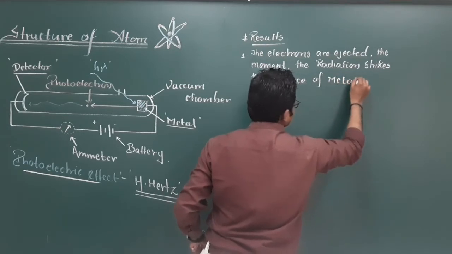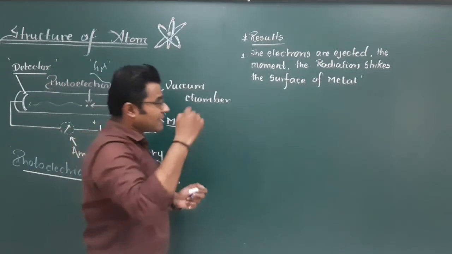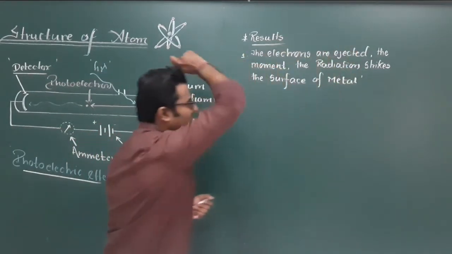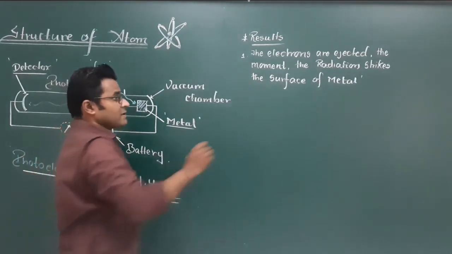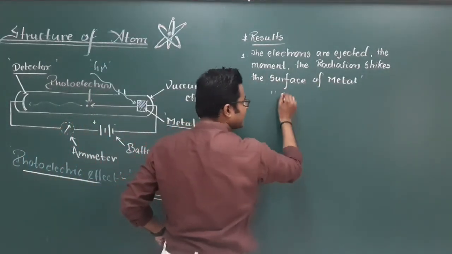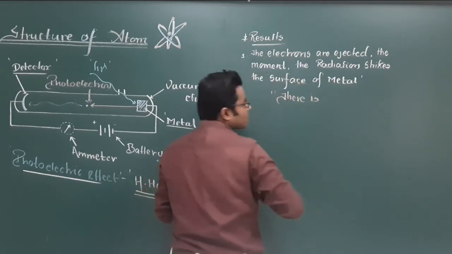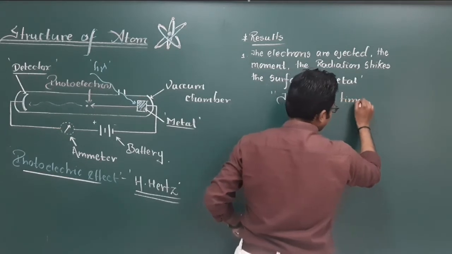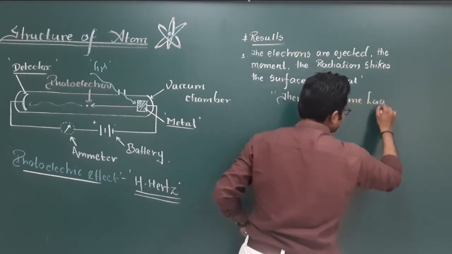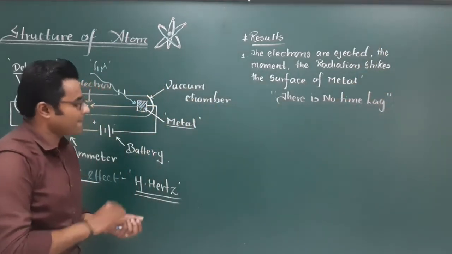So this is our first result: the electrons are ejected the moment a radiation strikes the surface of a metal. That means the conclusion is that there is no time lag. So this is our first result here.